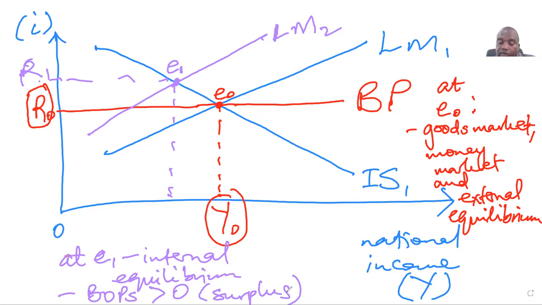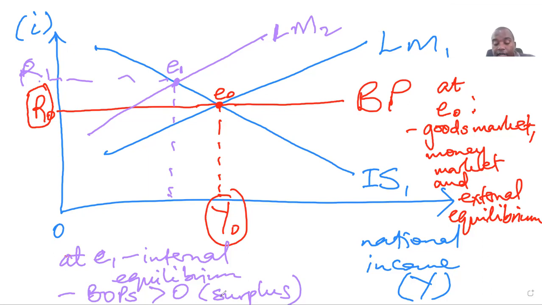So it's a situation which is not sustainable in the long run. So E1, whilst it's an internal equilibrium, is not sustainable because it is associated with the balance of payments surplus.